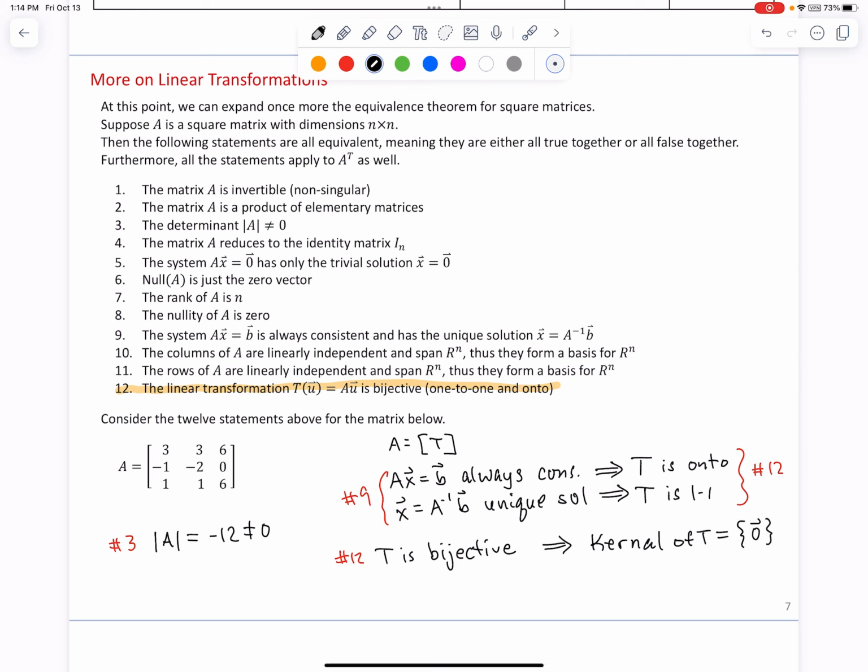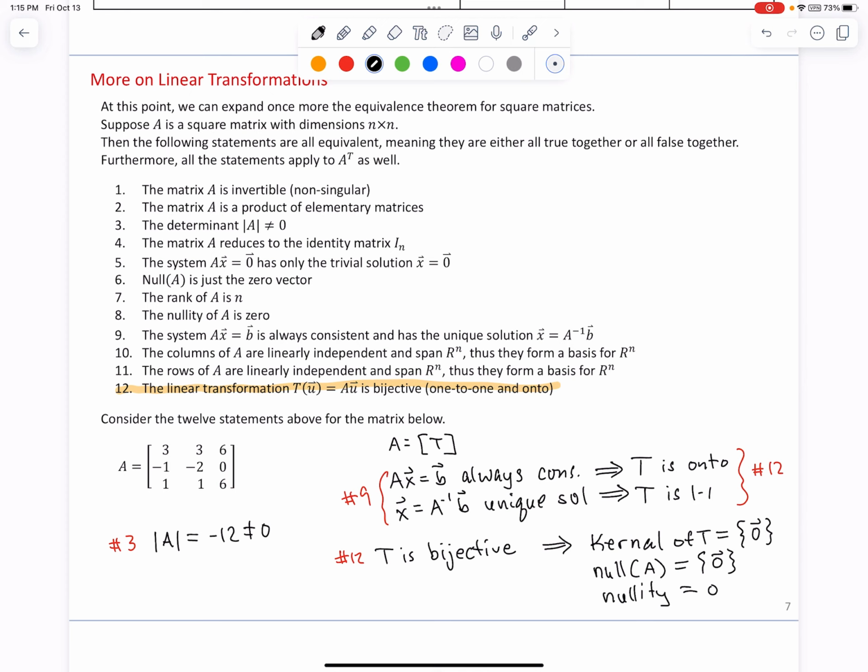It is the only vector that will map to the zero vector, which means that the null space of this transformation matrix, which is our matrix A, is also just the zero vector, which means that the nullity, which is the dimension of this null space, is 0. And these are statements 5, 6, and 8.